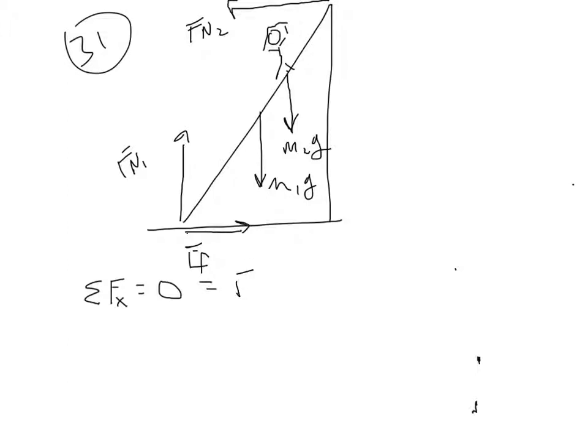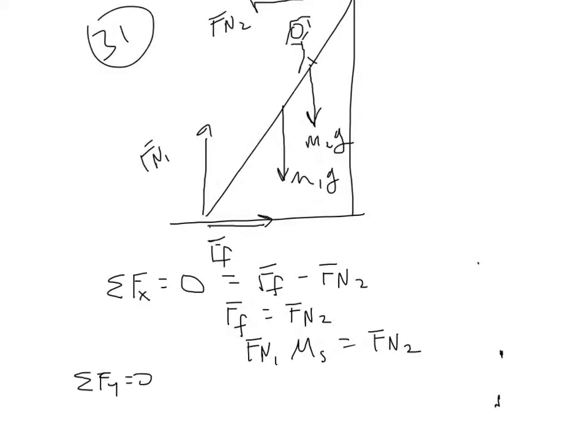So force friction minus Fn2 should add up to 0, which means the force of friction should equal Fn2. Let's play that out. That means force normal from the ground, Fn1 times mu static, should equal Fn2.